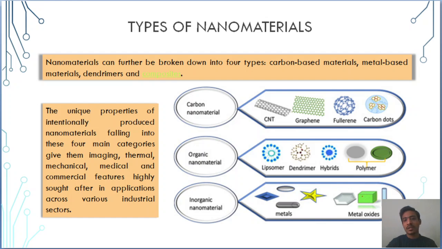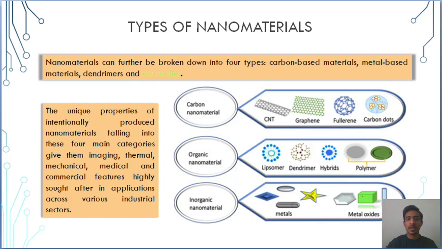Then comes another question: what types of nanomaterials are there, or how many types of nanomaterials have been engineered by scientists? There are four: carbon-based nanoparticles, metal-based nanoparticles, dendrimers, and composite nanoparticles. Because of their unique properties and designs, they are classified according to their needs and applications.